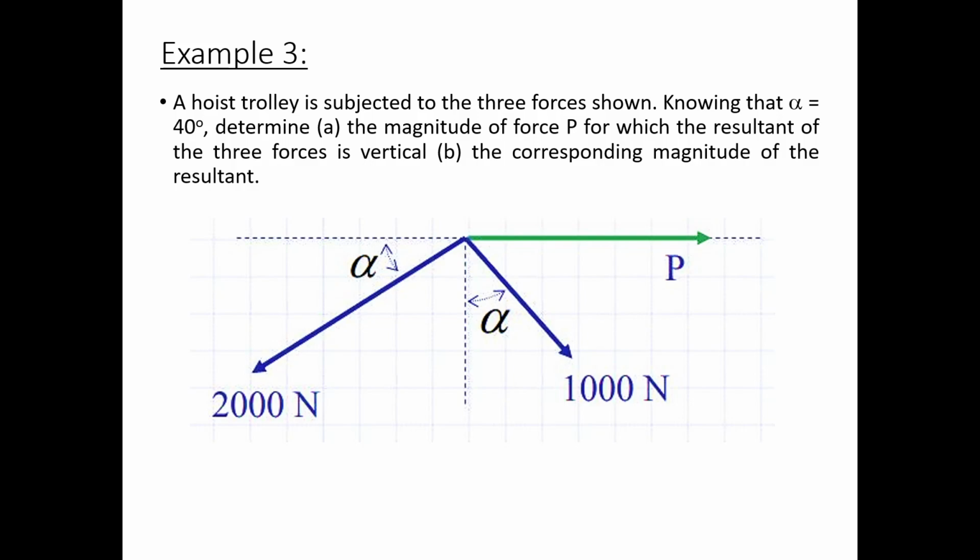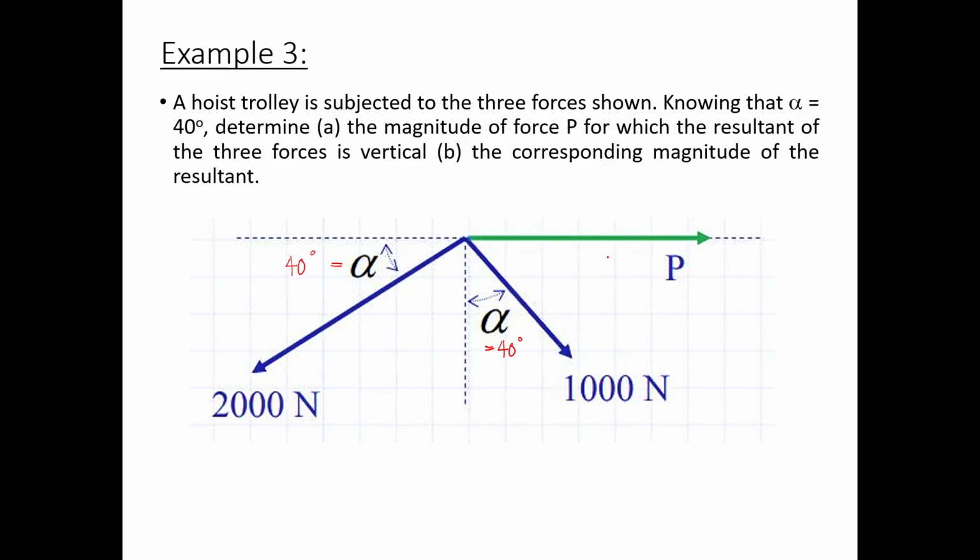So a hoist trolley is subjected to the three forces shown. Knowing that your A is 40 degrees, let's put the value here in the diagram. As stated in the problem, this one is 40 degrees. This one is 40 degrees.